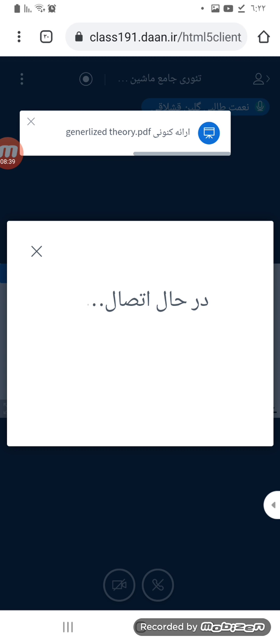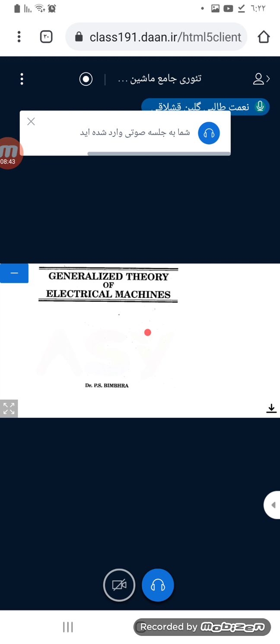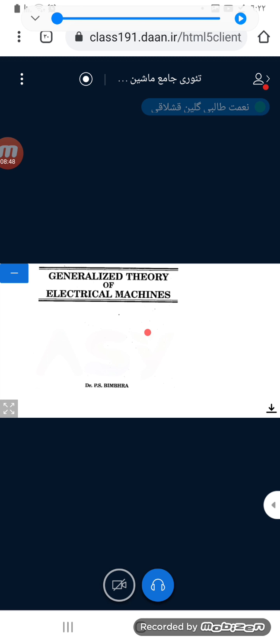These three books are the differences that used in all of around the world for this.